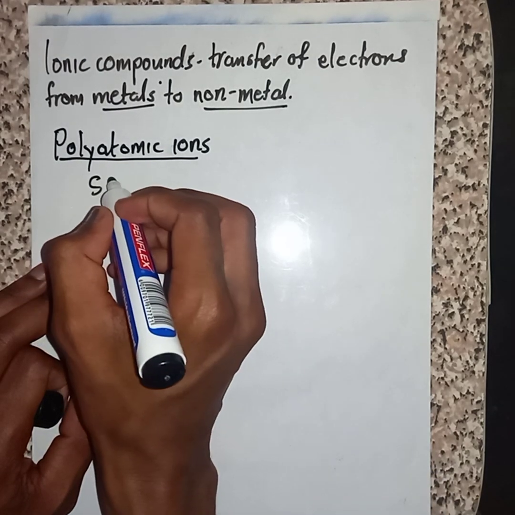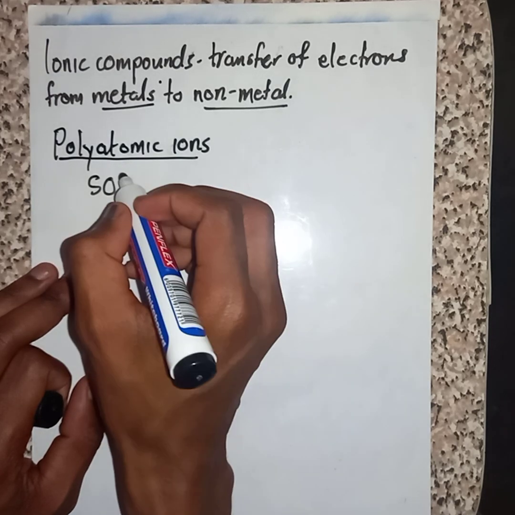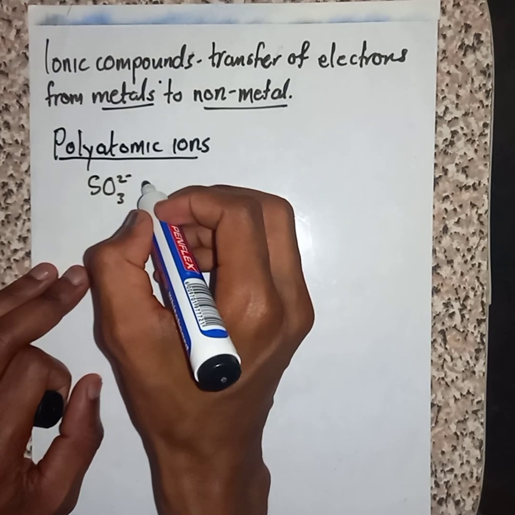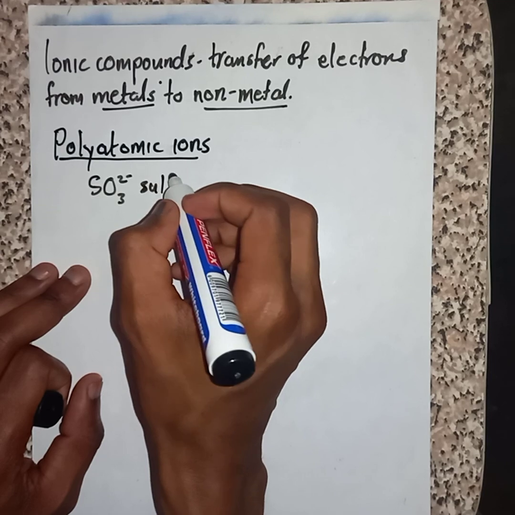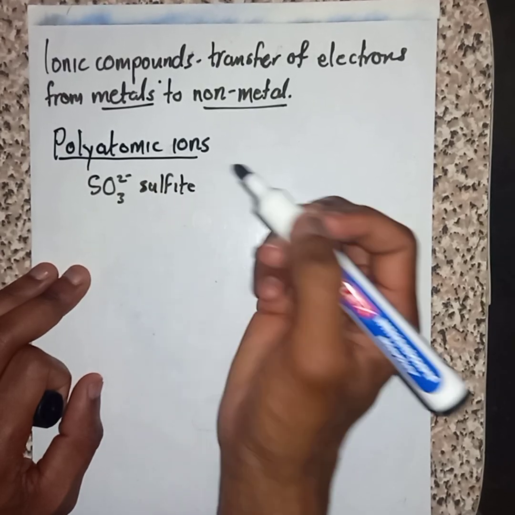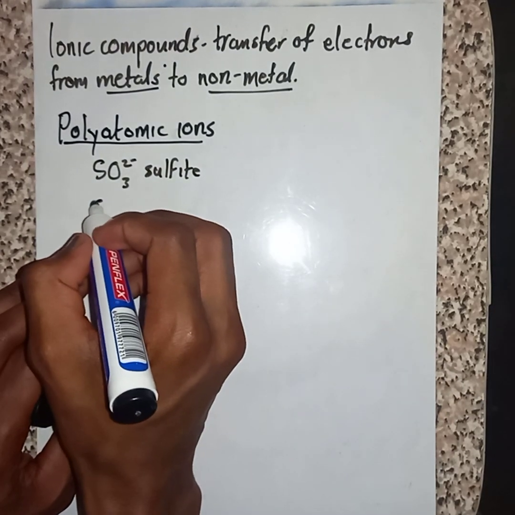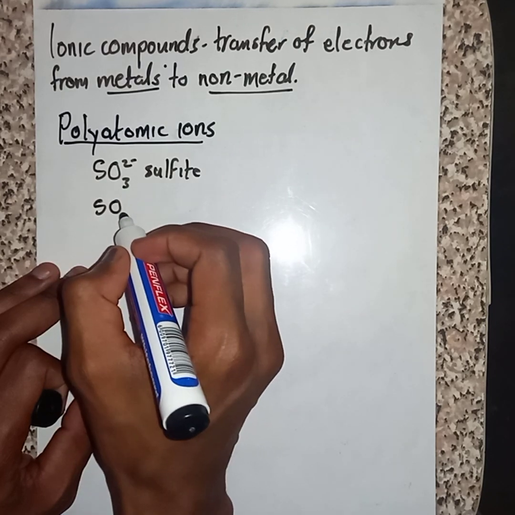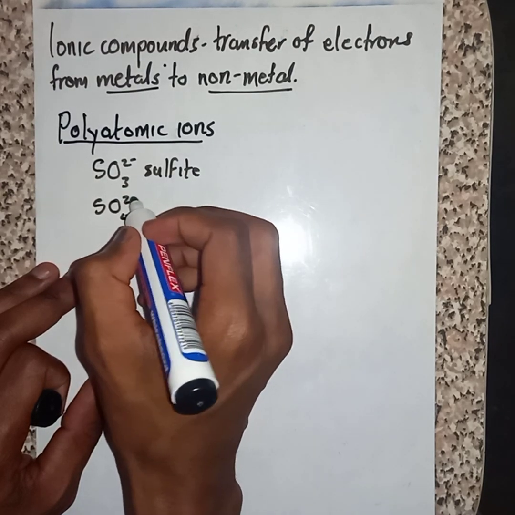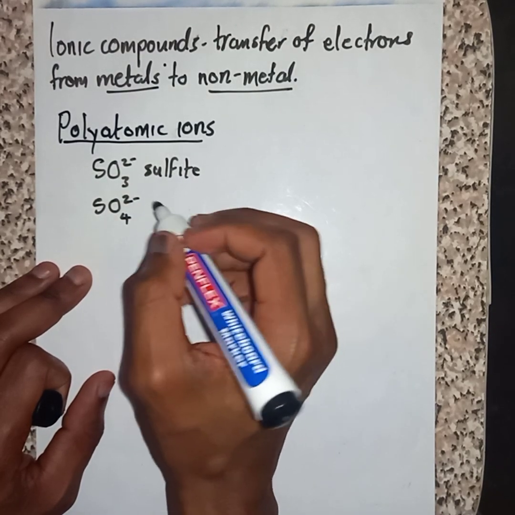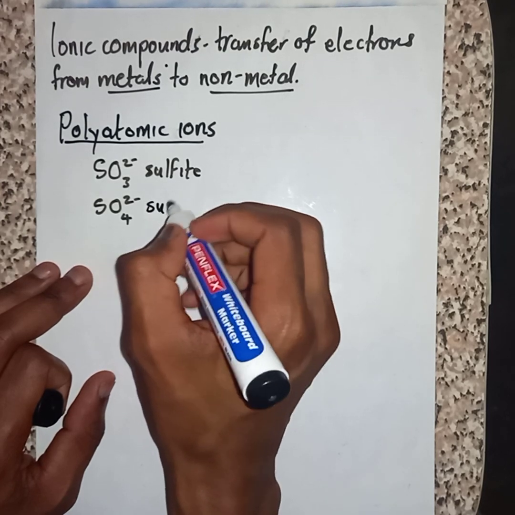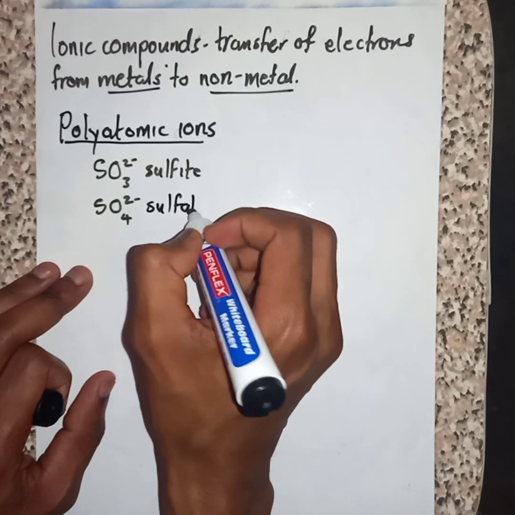We have SO3 2-. We call this one sulfite. We also have SO4 2-. We call this one sulfate.